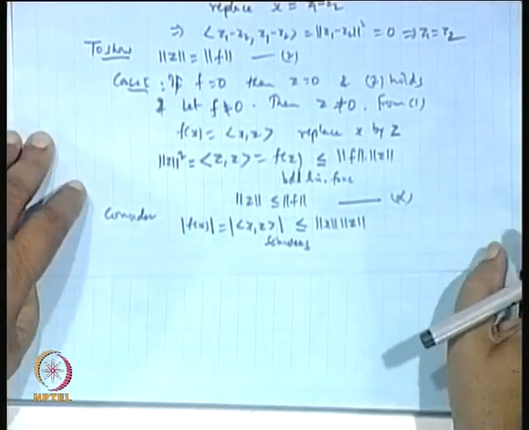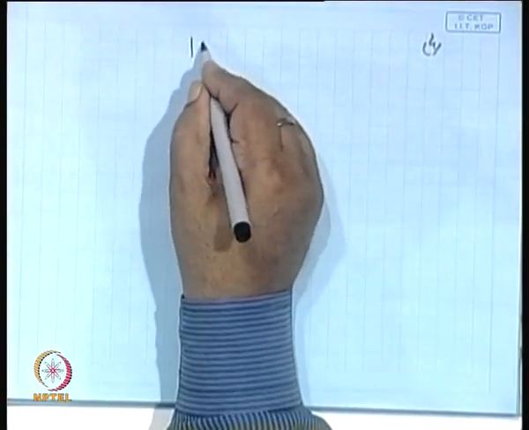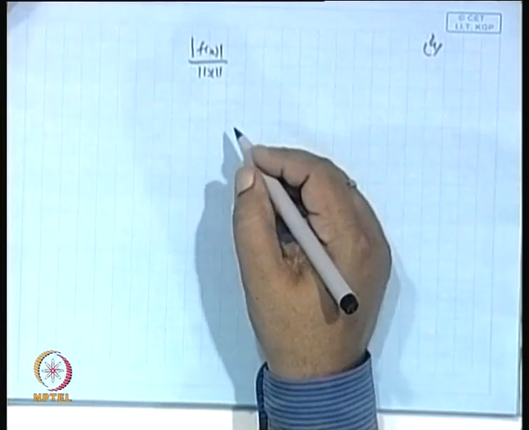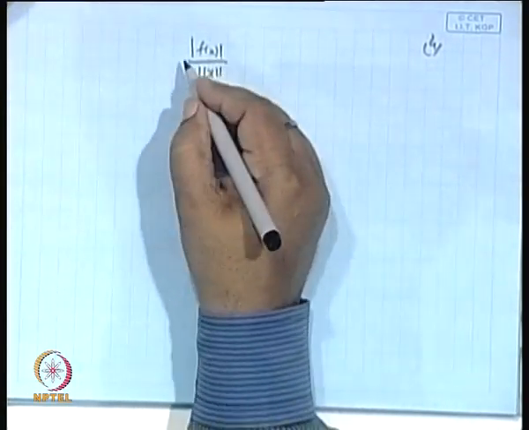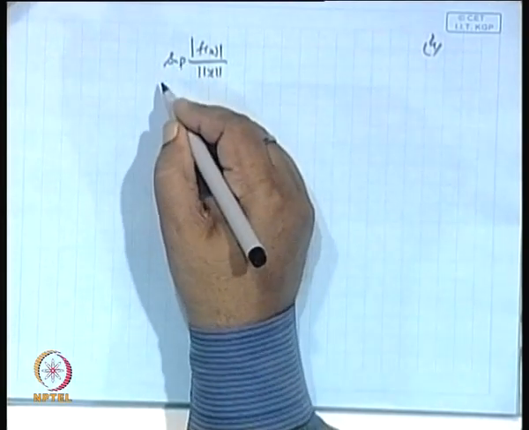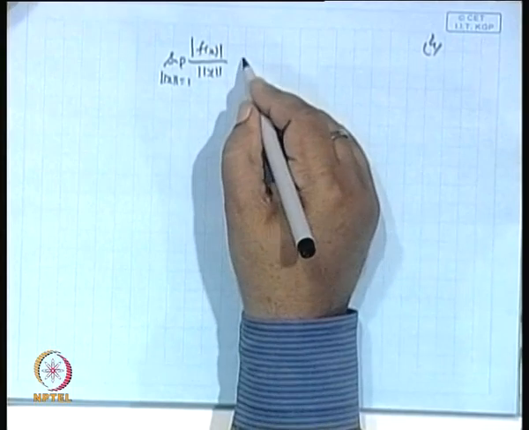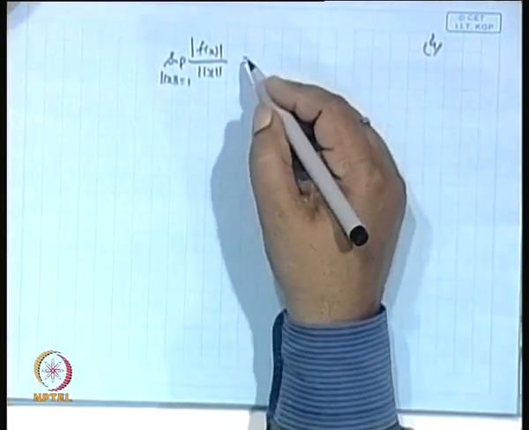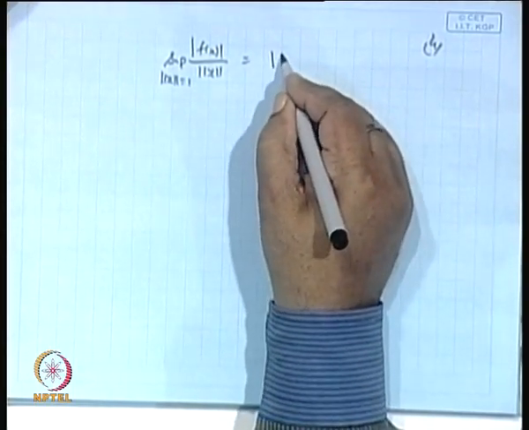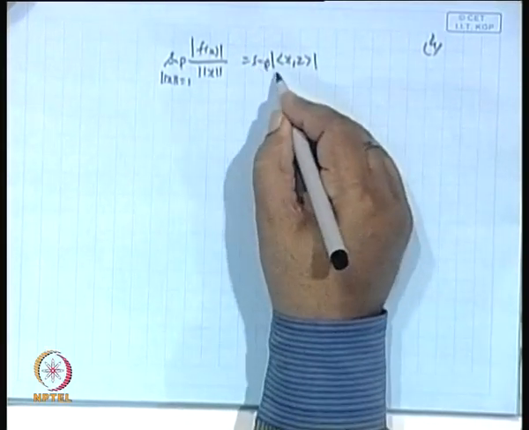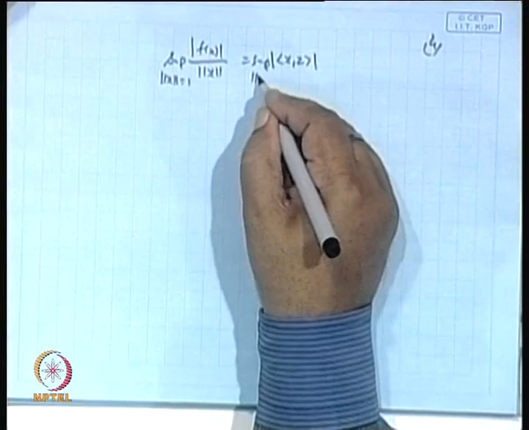Divide by norm x. Then take the supremum over all x such that norm x is 1, then this is equal to the modulus of inner product of x, z, taking the supremum over all x where norm x is 1.